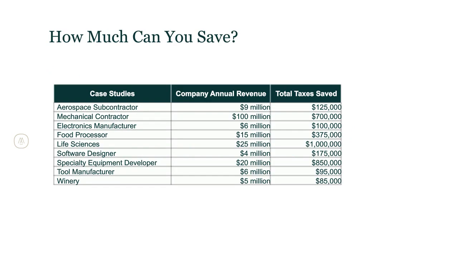How much can you save? That's usually a question a lot of folks want to know, and it's not a very specific area. You'll see we threw some theoretic type companies out there with revenues and total taxes, and you might note that the credits aren't lined up with revenues. So the credit is based on the qualified research expenditures that we're spending, and so it depends on which activities do qualify. But these are pretty typical type revenues and companies and entities, and basically every entity that is taxable has the potential for the R&D tax credit.